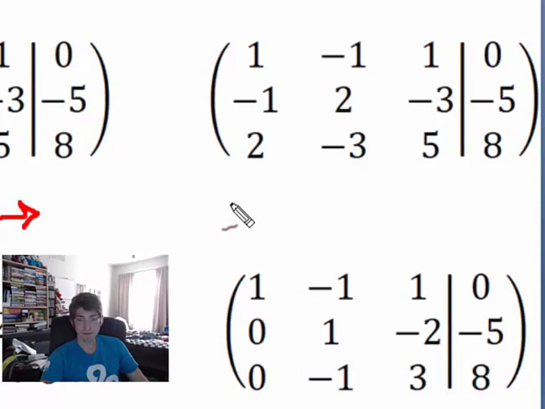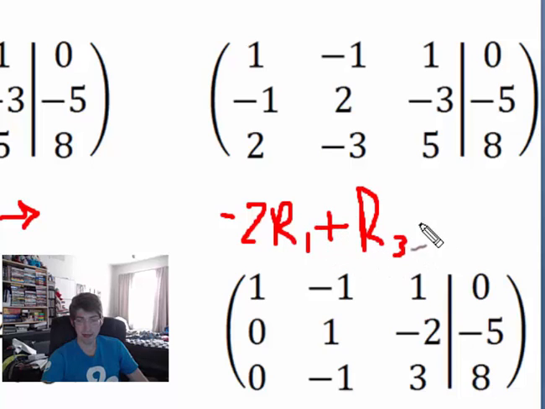For the third row, we will take negative 2 times the first row and add that to our third row. Taking negative 2 times 1, adding it to 2, will give us 0. Taking negative 1, multiplying it by negative 2, which will give us positive 2.